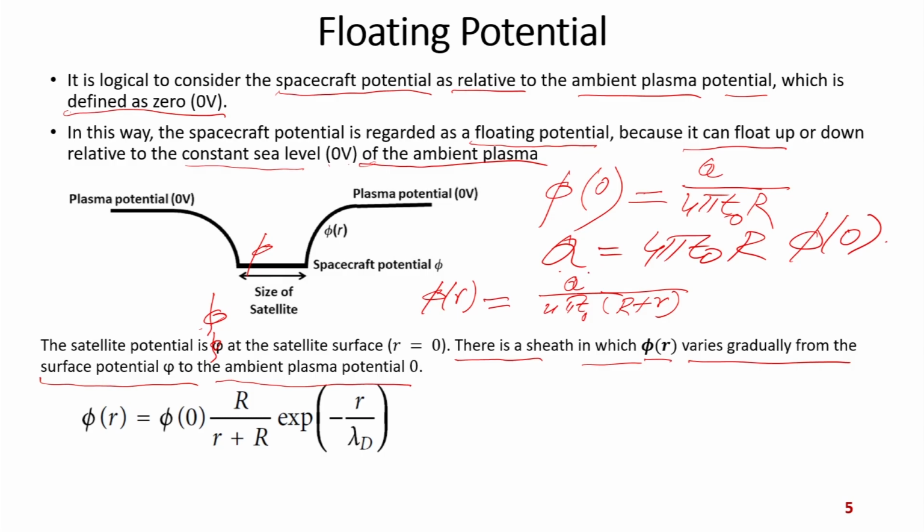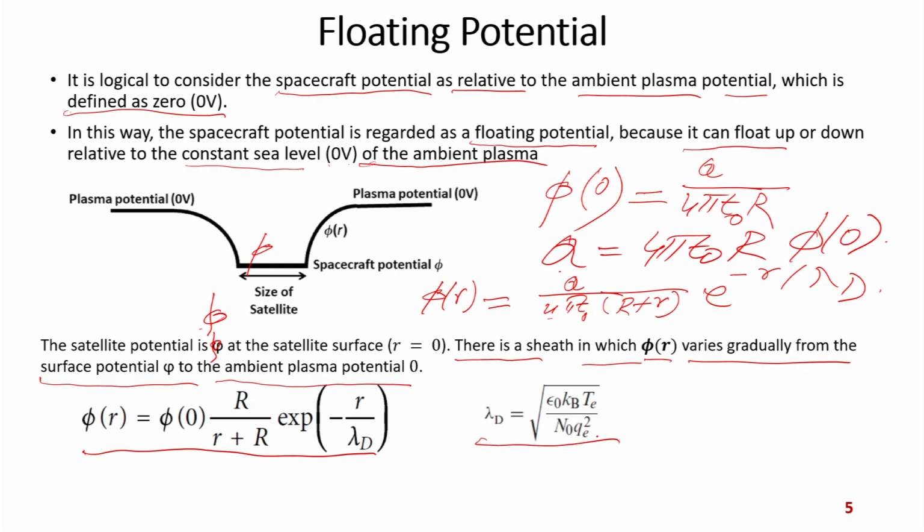So that is why I am writing it q by 4 pi epsilon 0 r, and then I will write this expression r by lambda d. Okay, so if you substitute this q here, you will get this expression. So this comes from here.